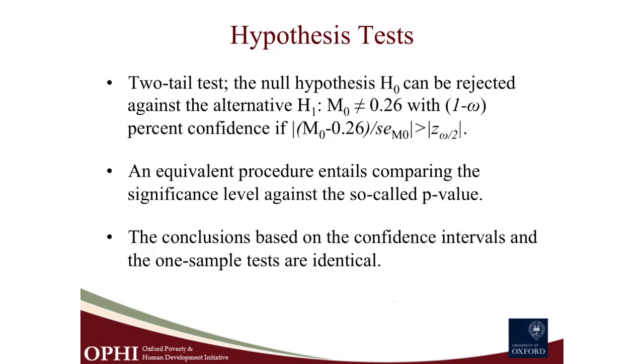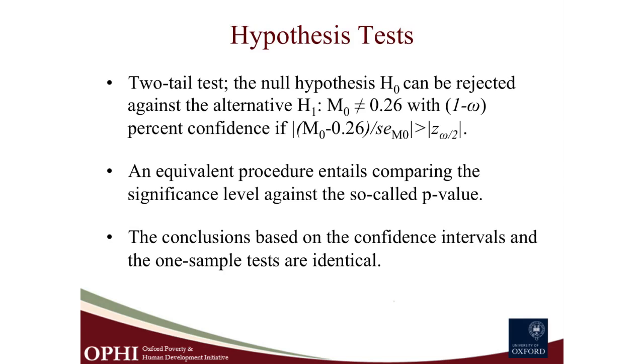So in the case of M0, you will compute a statistic, which we call the T statistic: M0 minus your guess, divided by the standard error.